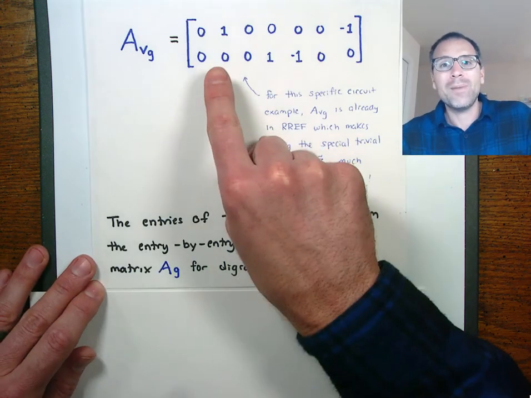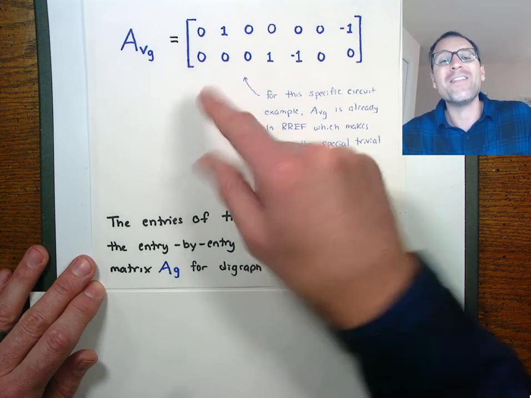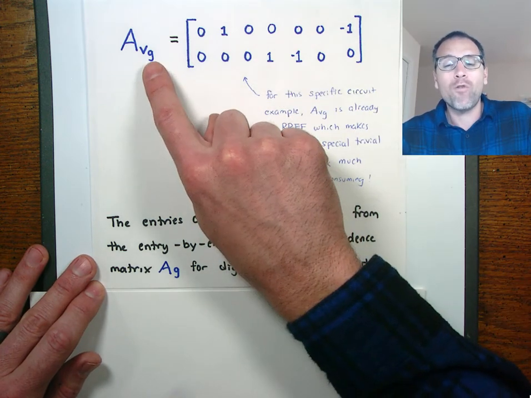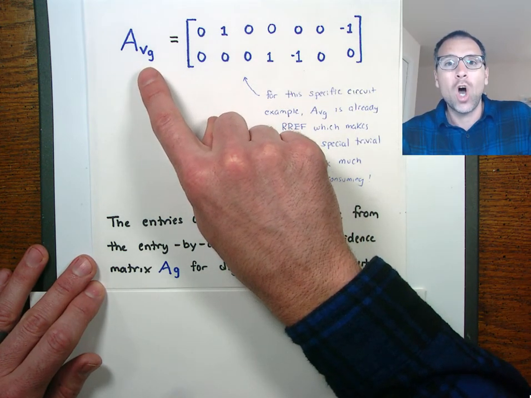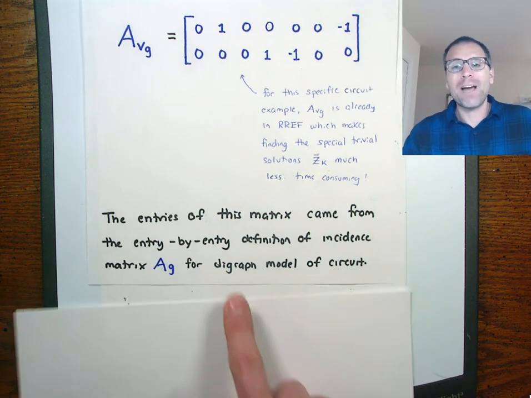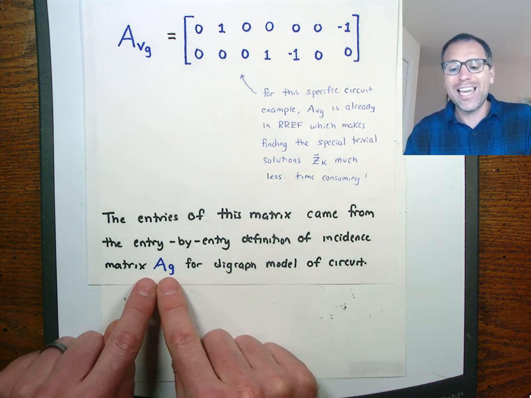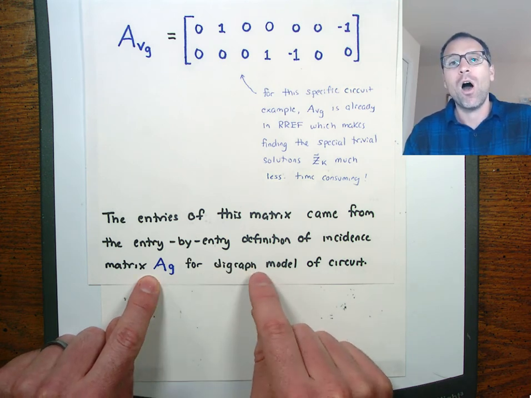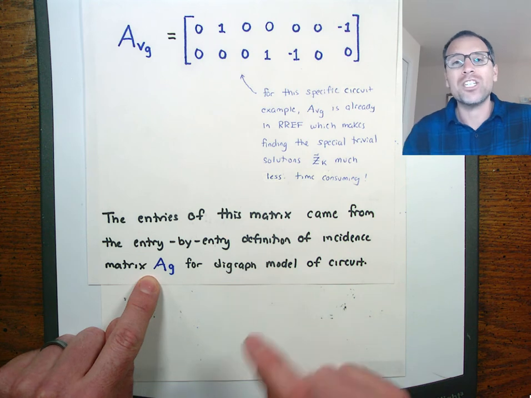Not only is this matrix super beautiful in this example, but in the general case, when I'm analyzing any circuit, these voltage source subblock matrices are actually really special. They come from the entry by entry definition of the incidence matrix A sub G associated with the digraph model of our circuit. Go back and watch step 3 of this algorithm if you want more specifics about that.